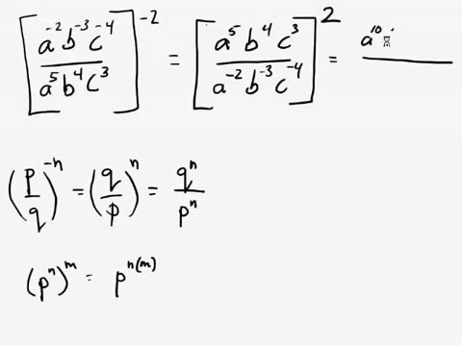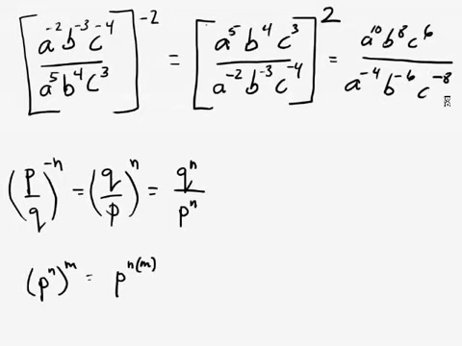That would make this b to the 8th and c to the 6th. And on the bottom, you just multiply the exponents: a to the negative 4th, b to the negative 6, and c to the negative 8.